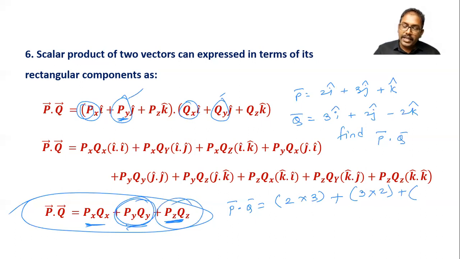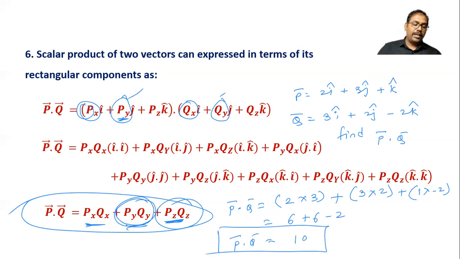Here pz is 1 and qz is minus 2. So we get 6 plus 6 minus 2. So 12 minus 2 is 10. So p bar dot q bar is 10.